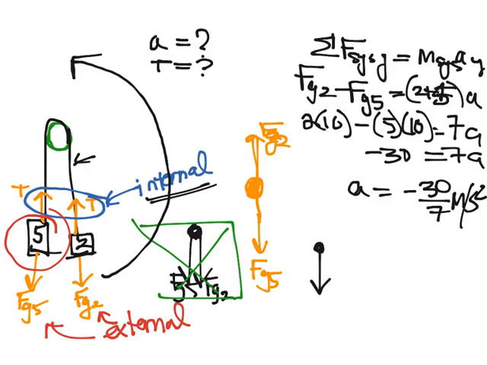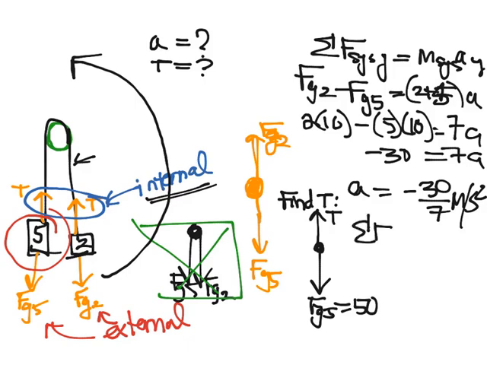By the way, I'm finding T. So I have Fg5, and we know that's 50 because it's m times g, and I have tension. So here's my sigma Fy. Sigma Fy equals m a y.